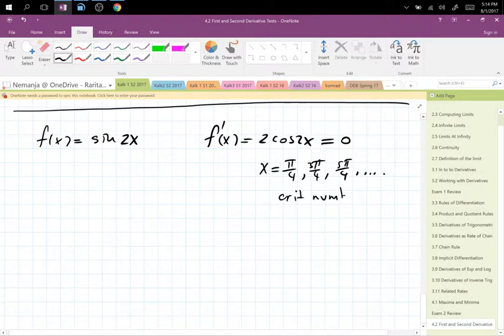Wouldn't the first critical number be at 0? No, for sine it would be a 0. The derivative means that rate of change would be at the minimum or maximum, right? So for cosine, it would be at 0, because sine begins with an up-down. The maximum of sine 2x is at pi over 4, where the cosine 2x is 0 at that point.